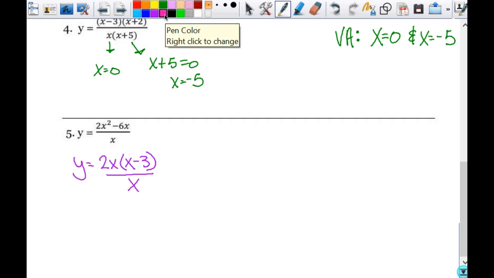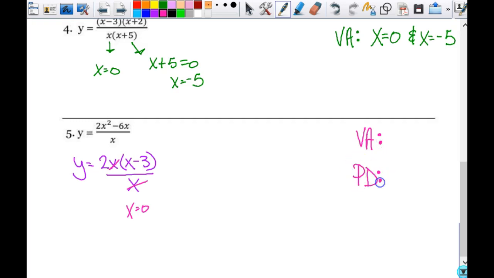What kind of discontinuity? Point, okay? So I'm going to cancel those out because x equals 0 for point discontinuity. Still going to have to answer my vertical asymptote answer, but point discontinuity. Okay? It's going to have an x value of 0. We'll figure out the y value in a minute.